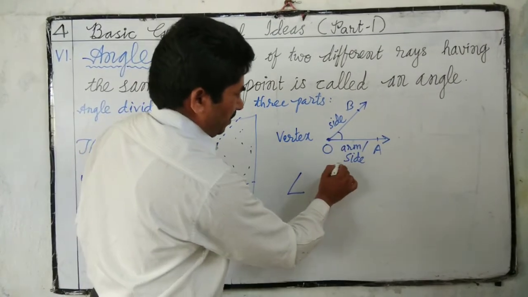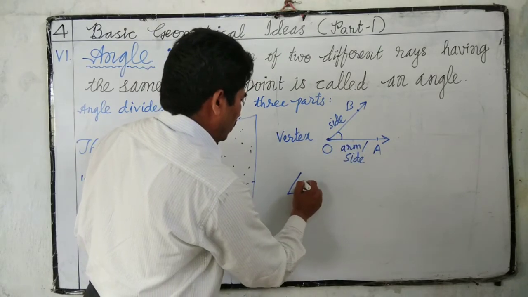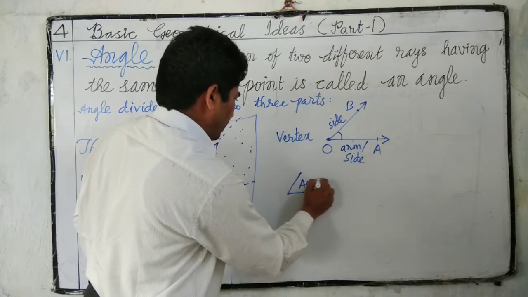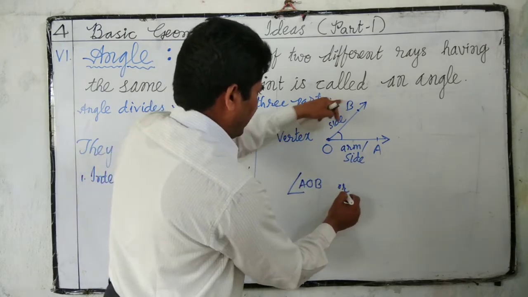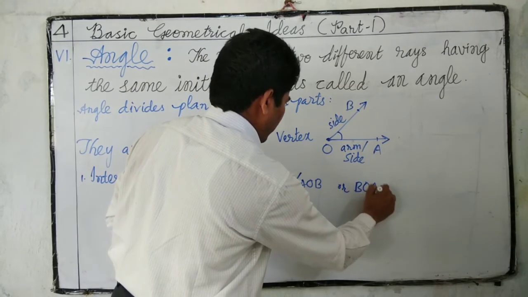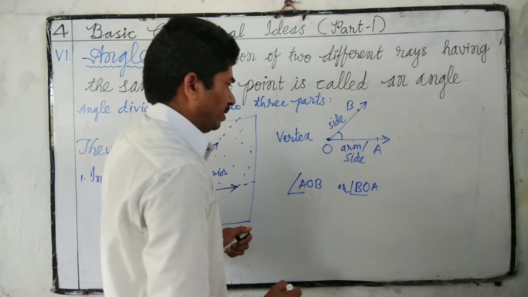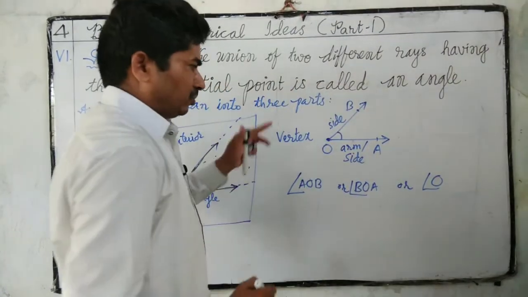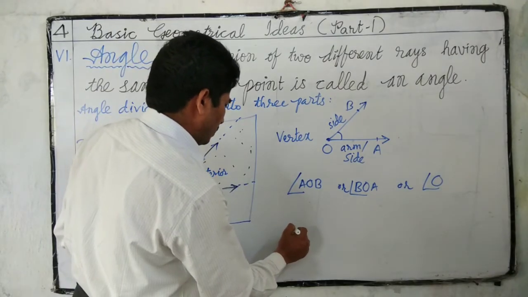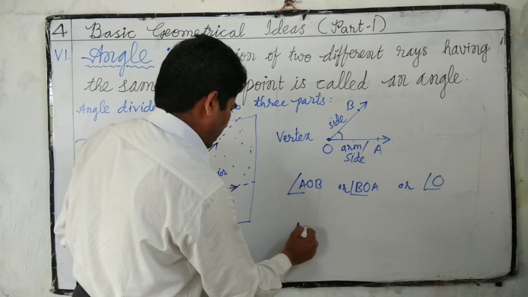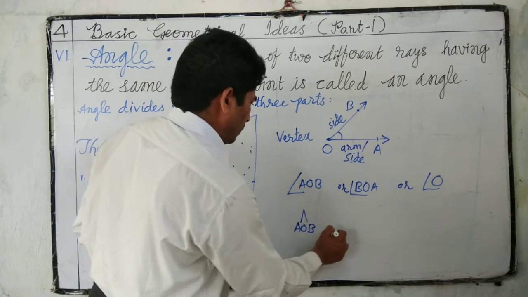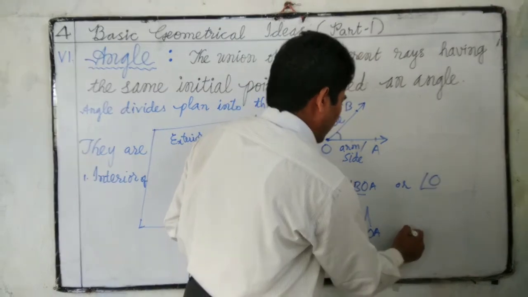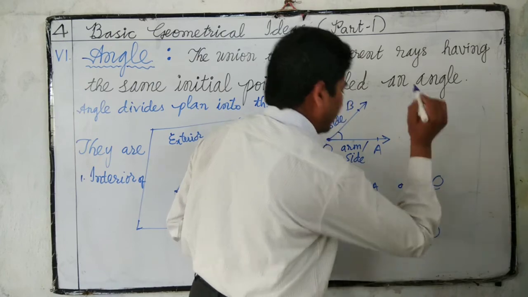We can represent this angle as angle AOB or BOA, angle BOA, or simply angle O. And also we can show it simply like this.